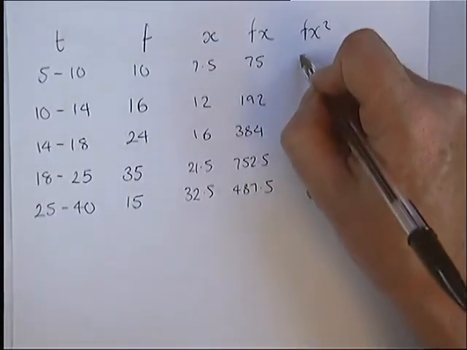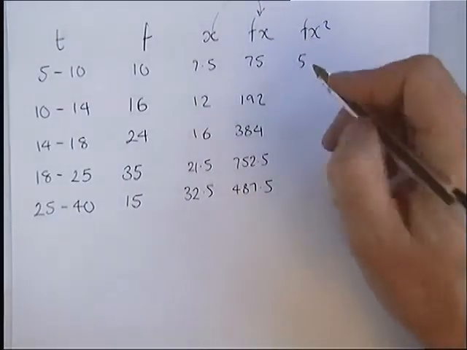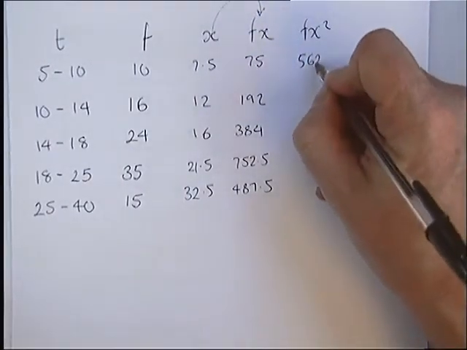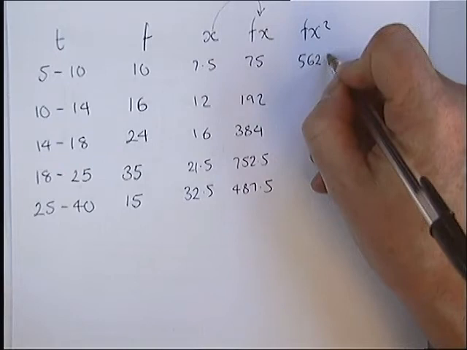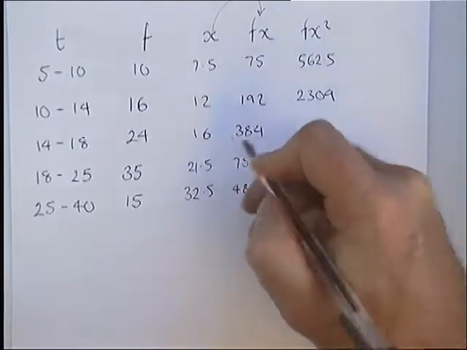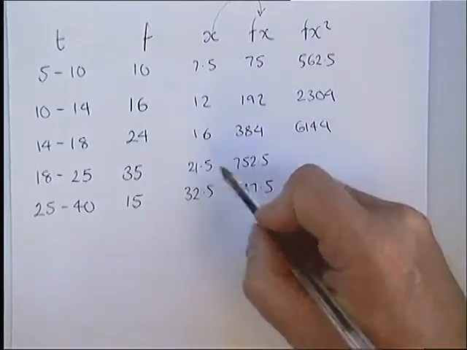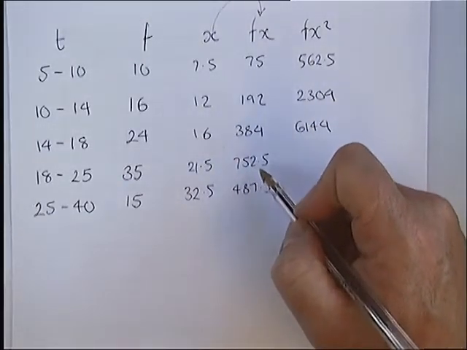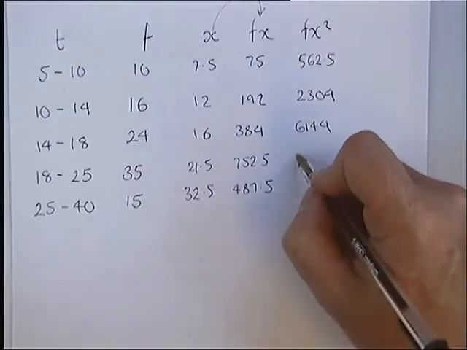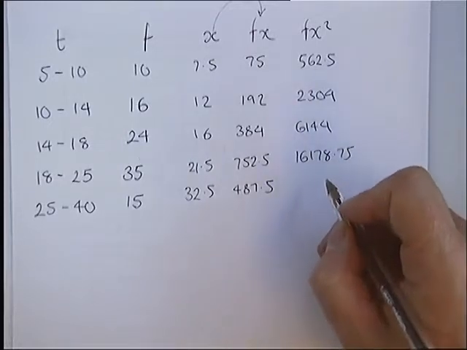And then for fx squared, just to remind you, fx squared is x times fx, so we're going to get 562.5, 12 times 192, 2304, 16 times 384, 6144, 21.5 times 752.5 gives me 16178.75, and then finally my last one will be 32.5 times 487.5, which gives me 15843.75.